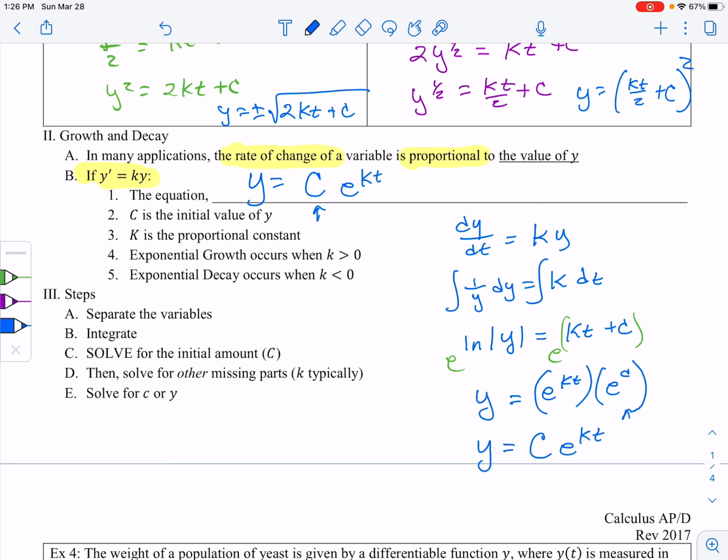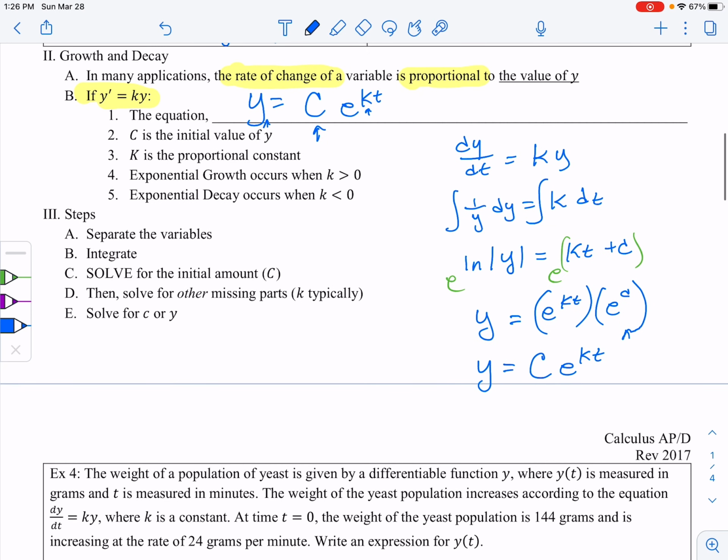C is the starting value, the constant for whatever's decaying in time, the amount at the end. Remember that from pre-cal? C is the initial value, k is the proportional constant. Growth occurs when k is positive, decay occurs when it's negative.